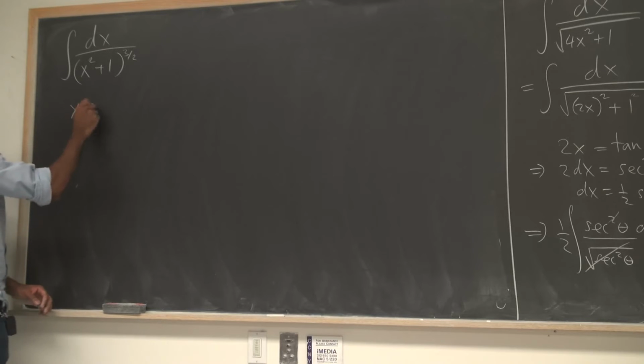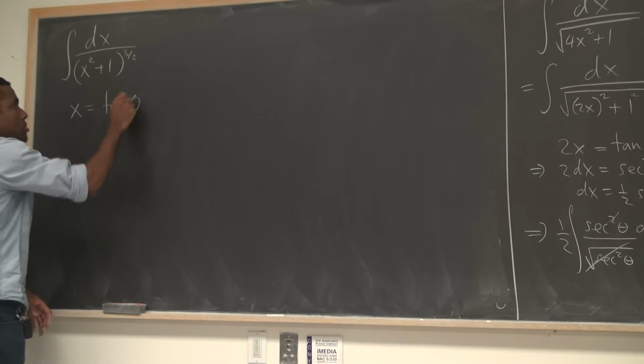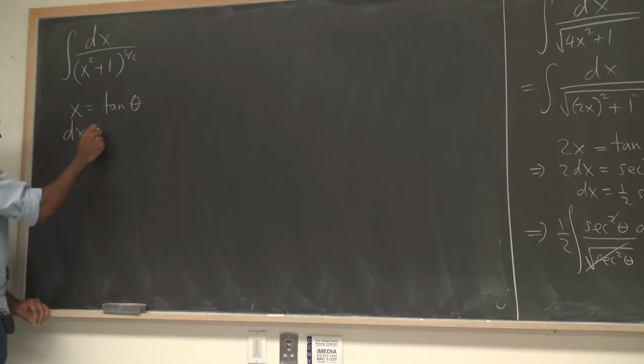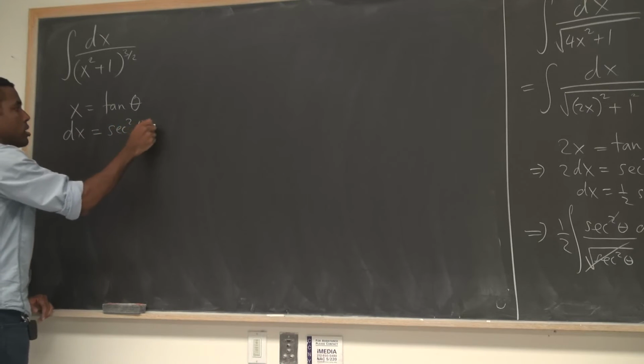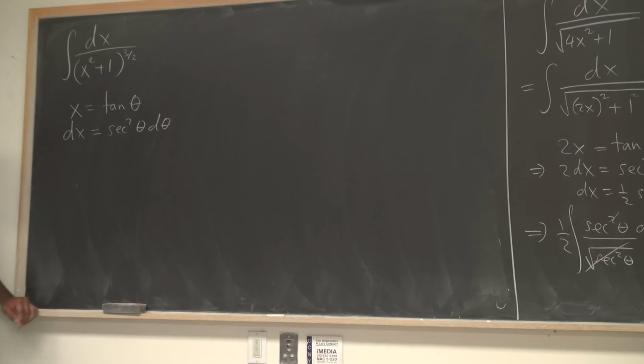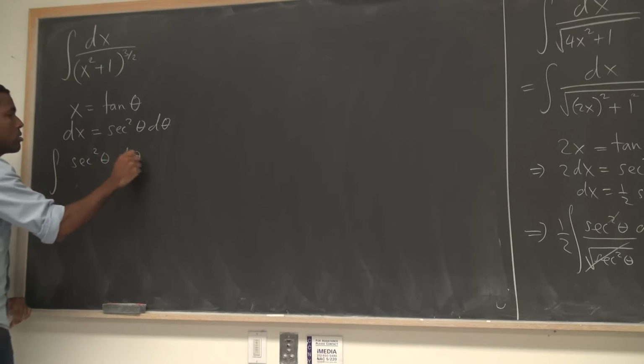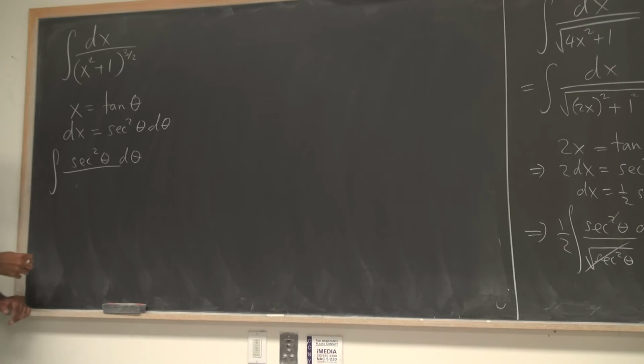X equals tan theta. Dx would be secant squared theta d theta, right? So now the integral would be secant squared theta d theta, replacing the dx. On the bottom we would have x is tangent. Tan squared plus 1 gives us secant squared, but that's the 3 over 2 power. So this square is going to cancel that.